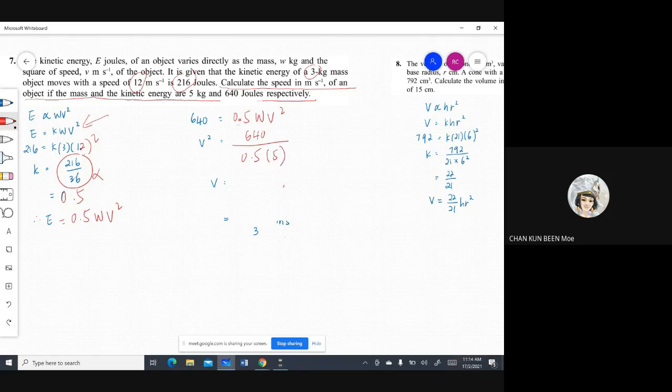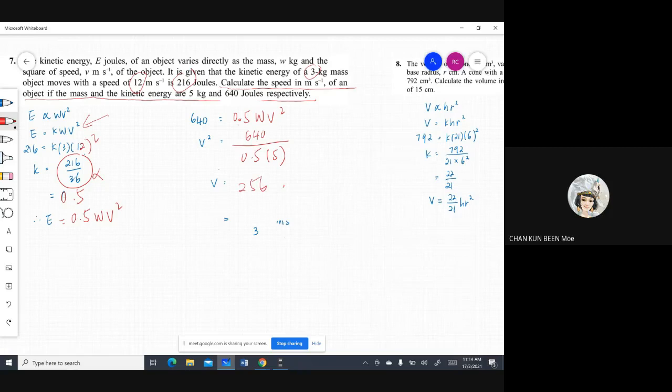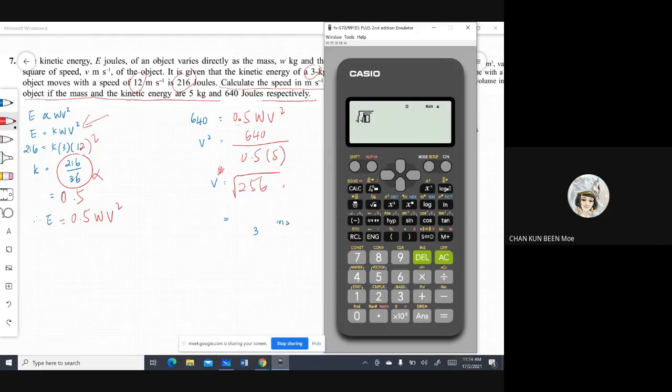Okay. Therefore, you calculate again. 640 divided by 0.5 times 5. It is equal to 256. This is V squared. So V is equal to square root of 256. Square root of answer is equal to 4.